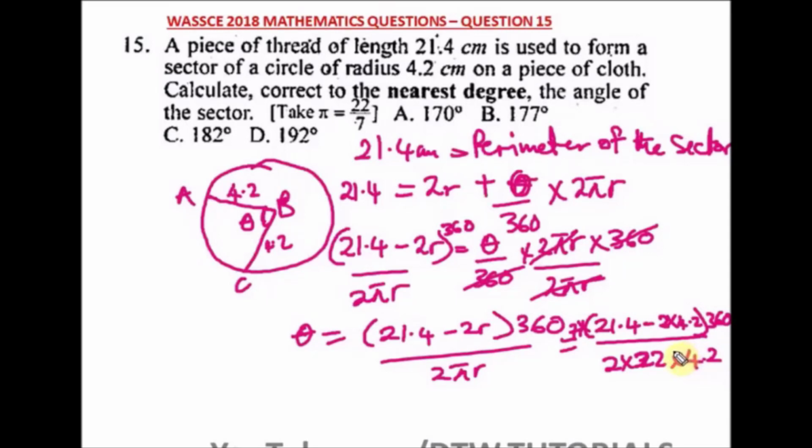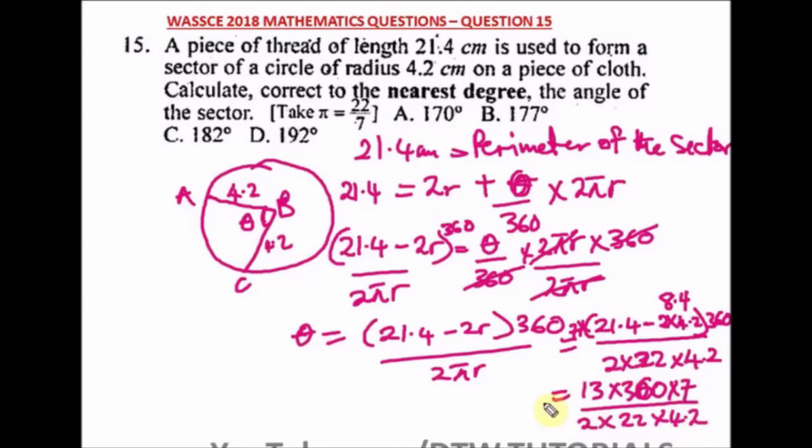All we need to do is open up the brackets. 21.4 minus 2 times 4.2 gives us 8.4, and 21.4 minus 8.4 gives us 13. So we have 13 times 360 times 7 divided by 2 times 22 times 4.2.